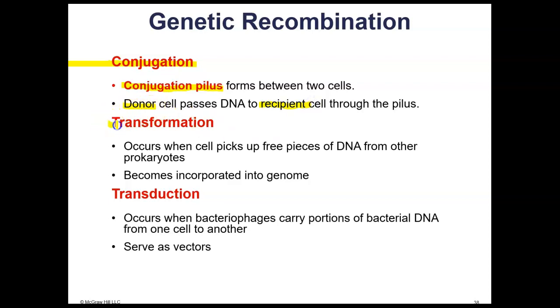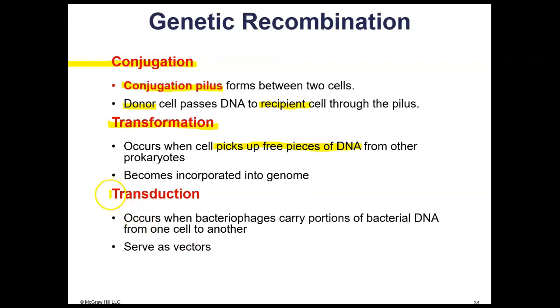Then we have transformation, which was discovered by Frederick Griffith. Remember that from Bio 111. This is when a bacterial cell picks up DNA from other bacterial cells, even if they are dead. So they pick up free pieces of DNA from their environment, basically.